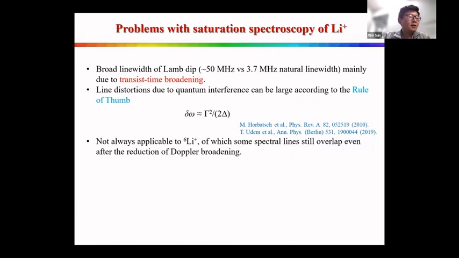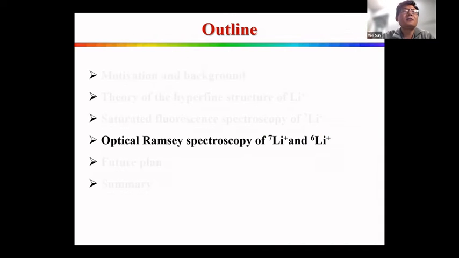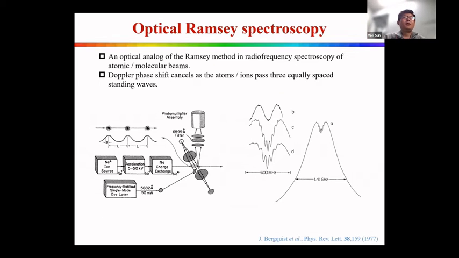So in order to solve these problems, we have to further narrow the spectral linewidth, and this leads us to a new method, the optical Ramsey spectroscopy. We all know that in radio frequency spectroscopy, the Ramsey method is extensively used to reduce the transit time broadening.